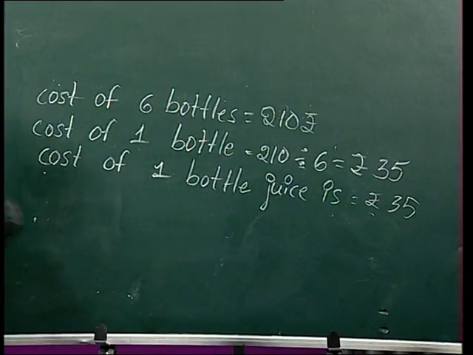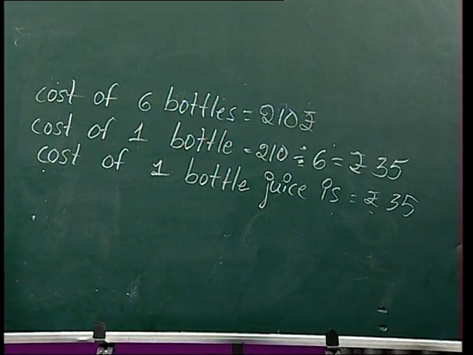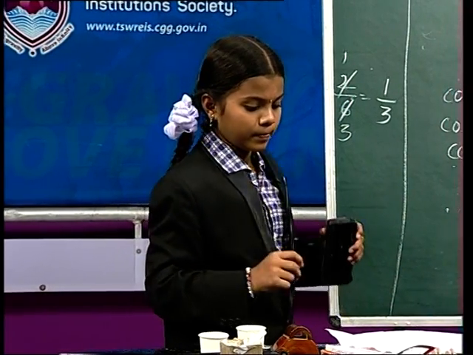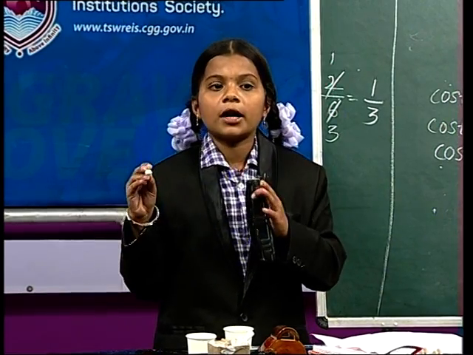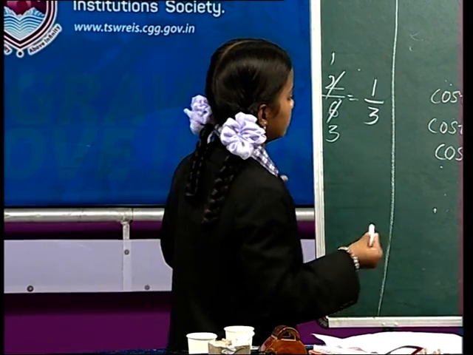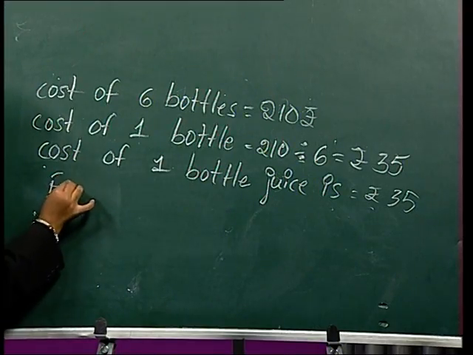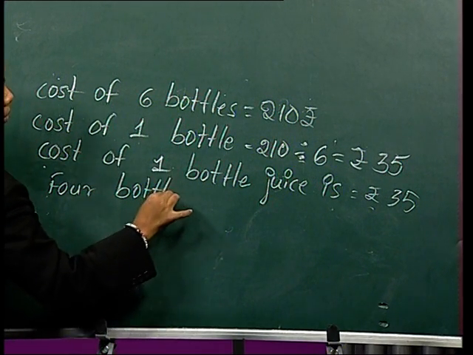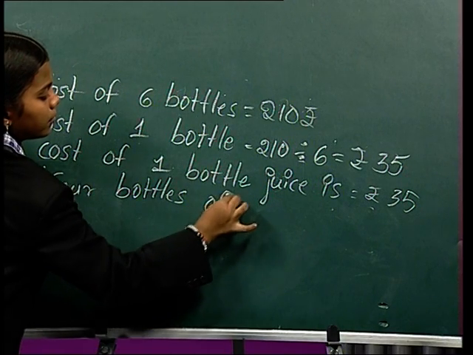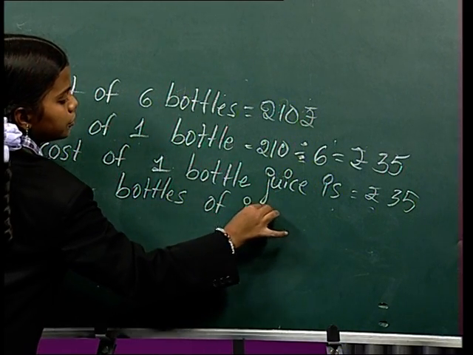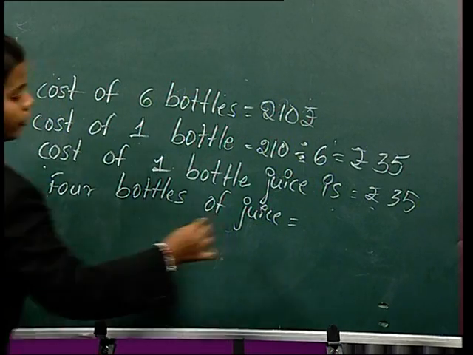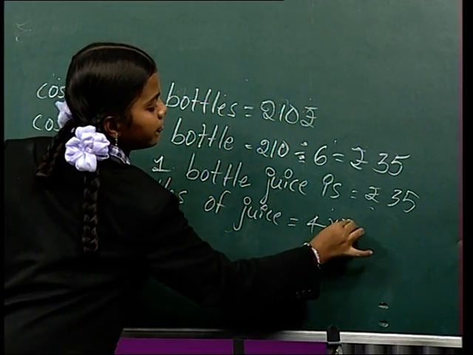Then we find the cost of 4 bottles of juice. 4 into 35.